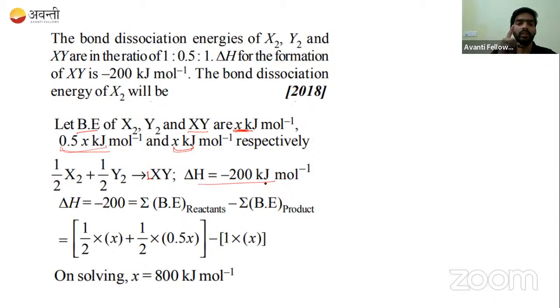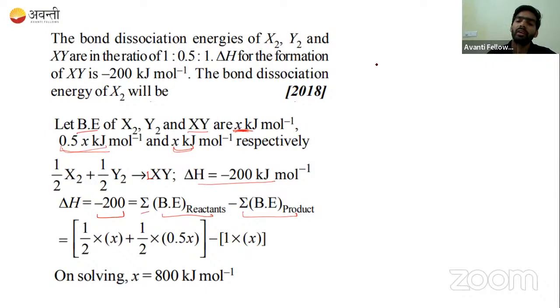You have to remember here is enthalpy of a reaction. Enthalpy of a reaction is here given as minus 200, and the formula is the summation of bond energy of the reactant minus bond energy of the product. Correct.